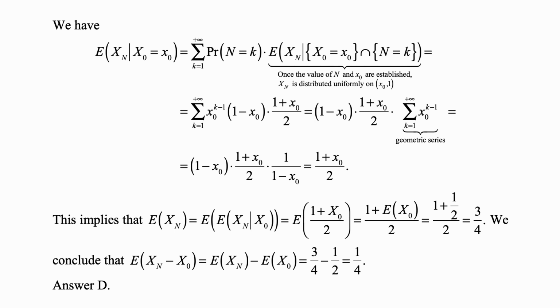And then the question is, what is E of xn minus x0? Well, that's the expected value of xn minus the expected value of x0, so 3/4 minus 1/2, and that's equal to 1/4, which is answer D.